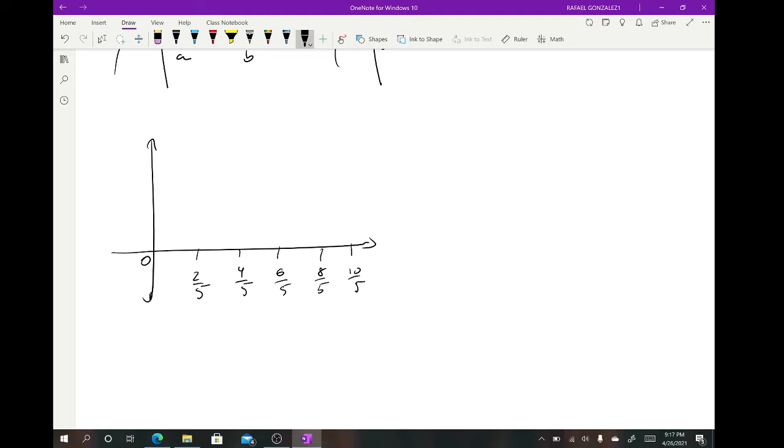These 0 down here, and then you have 1, 2, 3, 4, and up here 5. And then we're going down like this.